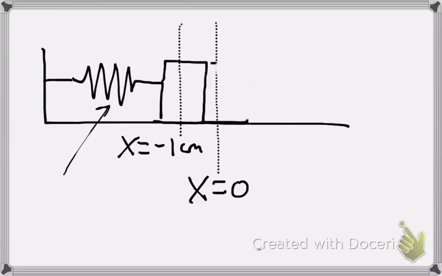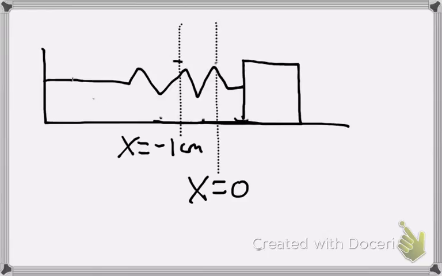There's a force there. And you remember that force is the spring constant times the distance. So the distance would be 1 centimeter. So it has a force pushing on the block to the right. And that means when I let go, there has to be an unbalanced force, so it's going to go moving to the right.